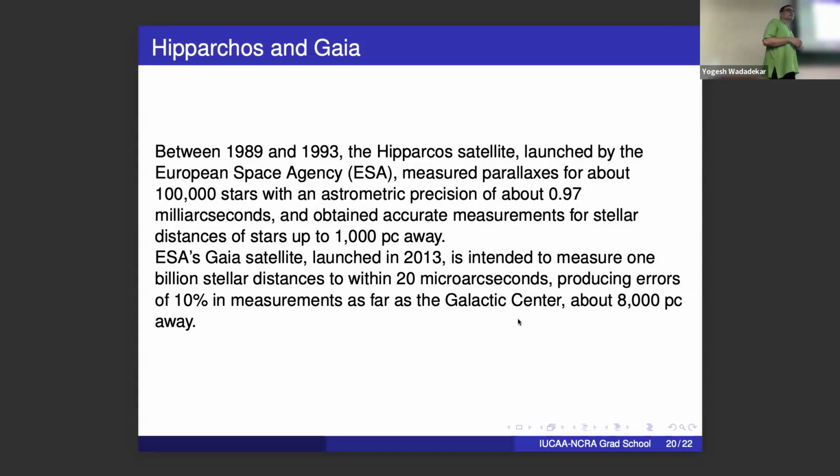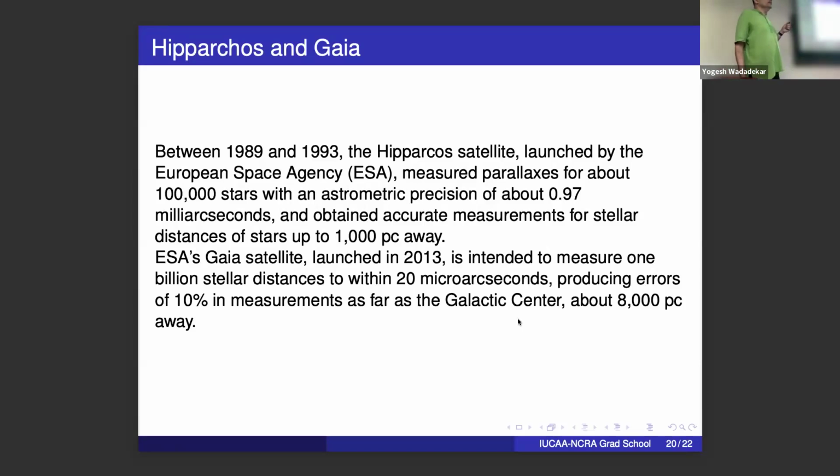So they measured the distances to these stars, and then they obtained some indirect calibrations and so on to estimate the size of our galaxy. However, it was only with the advent of the Hipparcos satellite that we were able to measure parallaxes for many more stars, because we could achieve an astrometric precision of about 1 milliarcsecond.